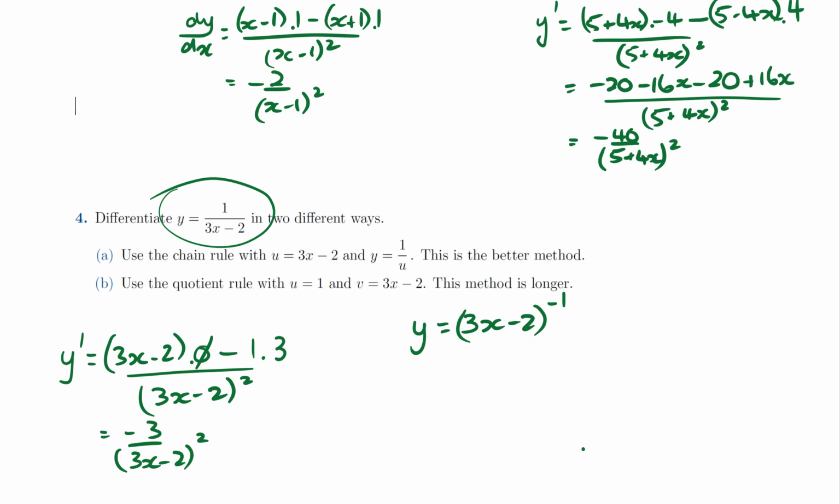So I'm going to get y dashed equals, so multiply the minus 1 down, minus 3x minus 2 to the minus 2, times the differential of the brackets, which is 3. And if I write that back in original form, I've got negative 3 up the top and 3x minus 2 squared. Up to you.